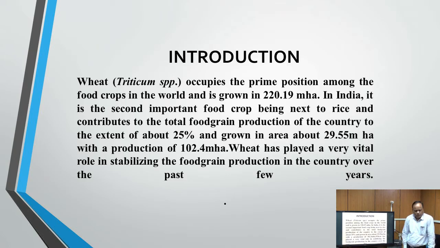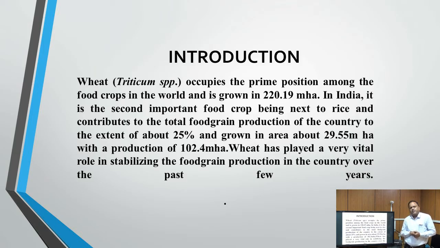For the year 2018-19, India produced 101.2 million tons of wheat, and that is the year in which we actually surpassed 100 million tons of wheat production.